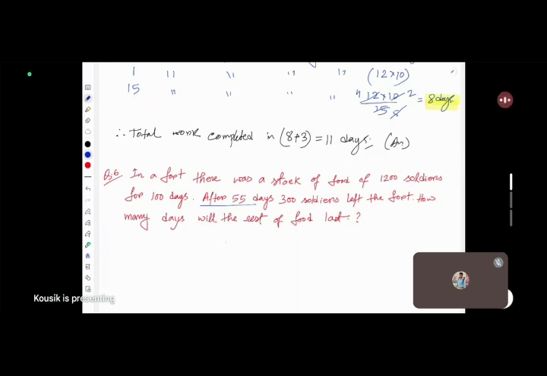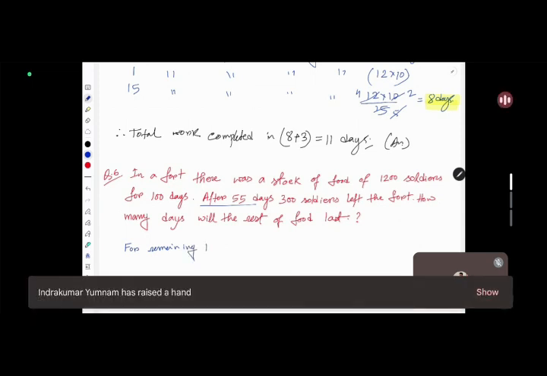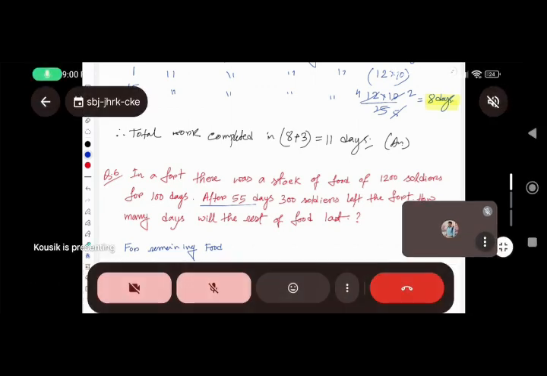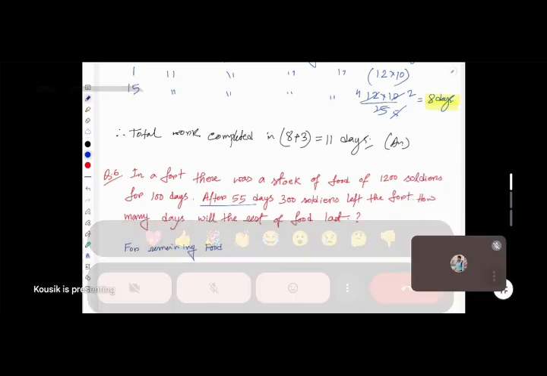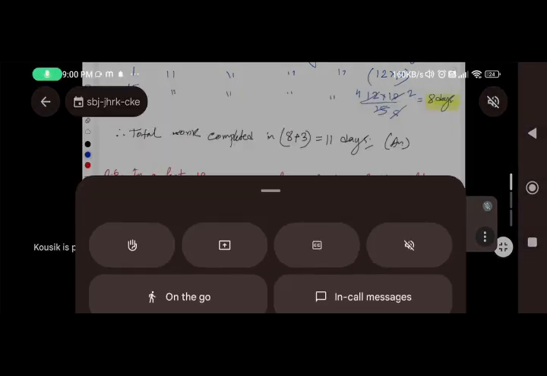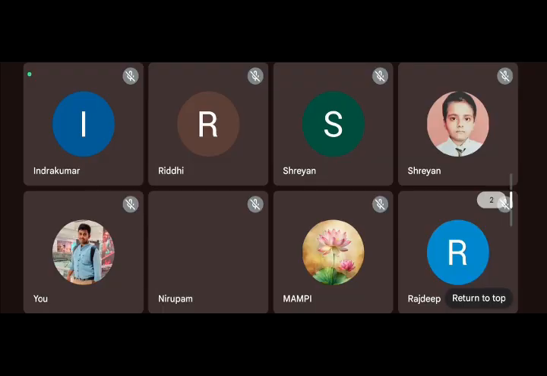Remaining food. What is your answer? Please tell the answer.